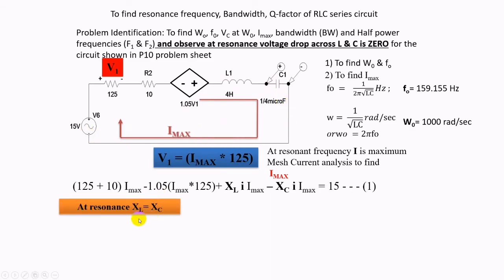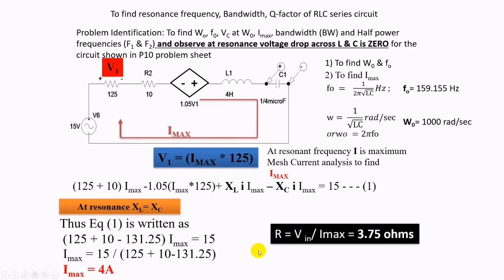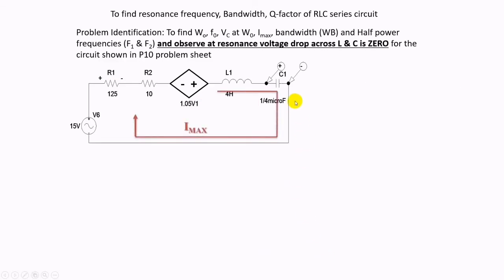At resonance, we know that XL equals XC. By substituting the values, we get Imax equals 4 amperes, and R equals V in by Imax, so R equals 3.75 ohms.